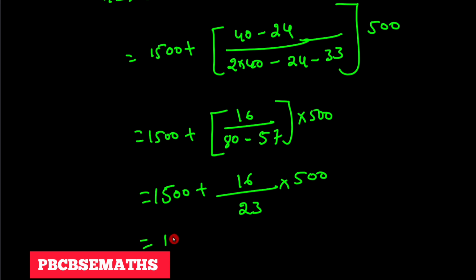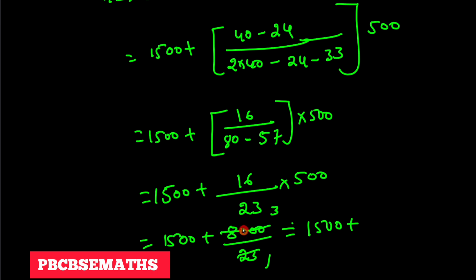Now we will further simplify it, which gives us 16 fives are 80, so which is 8000 divided by that 23, which means 1500 plus, here 23 ones are 23, 23 threes are 69, we got here 11 remains, that becomes 110. 23 fours are 92, so 18 remains, that becomes 180.